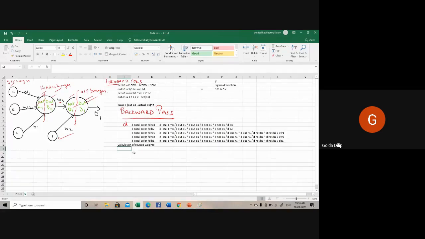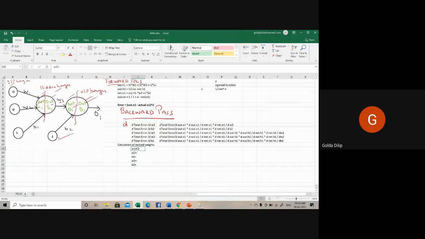Now my revised weights will be W1 plus, W2 plus, B1 plus, W3 plus, and B2 plus.